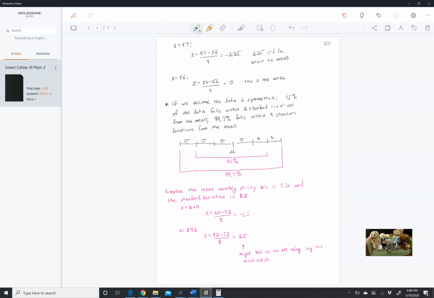So we're using way too much electricity, or maybe it's a month during the summer, because then if you pay for your own electricity, you're using your air conditioning, and that's going to cost you more.